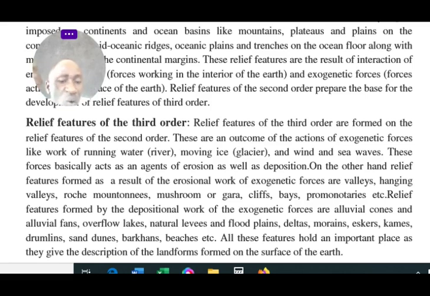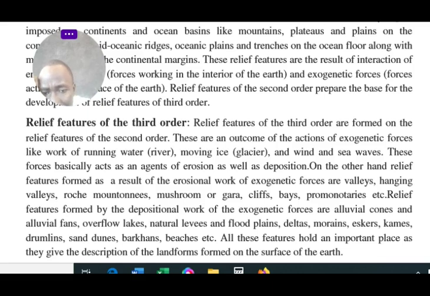Exogenic processes, we are going to be looking at the work of running water across the slope. Also, we shall be seeing the influence of ice or the movement of ice, what we have termed glaciers, then winds, and also waves. So landforms here may be formed by wave erosion, or we are going to be seeing the erosional work of exogenic processes in terms of features that may be formed at the end.